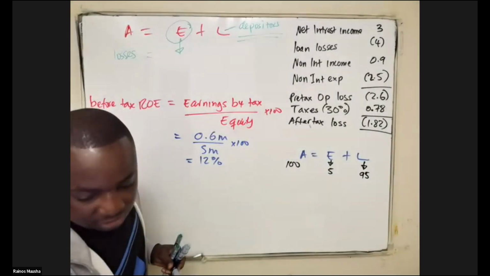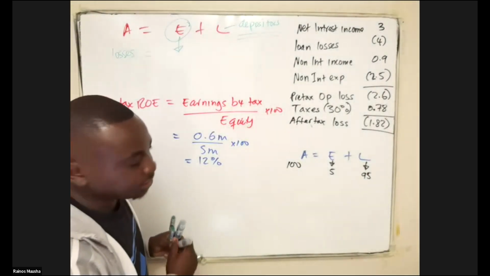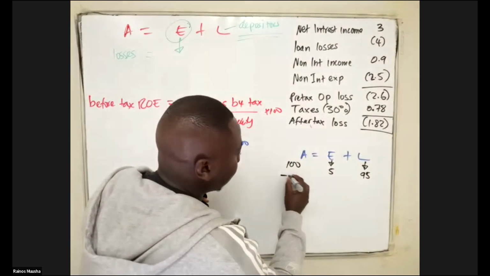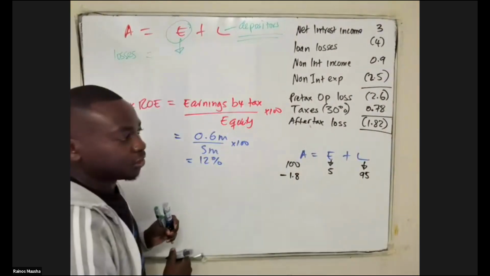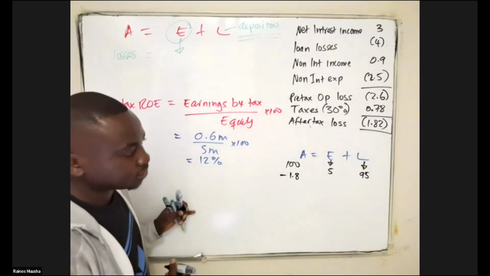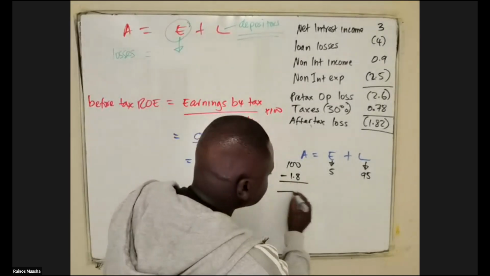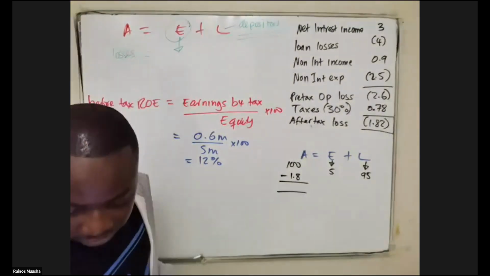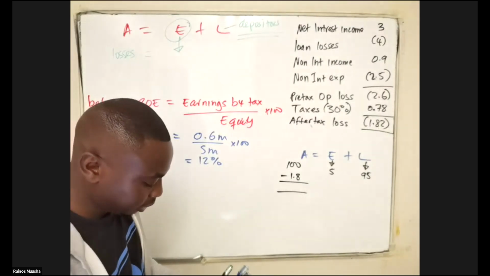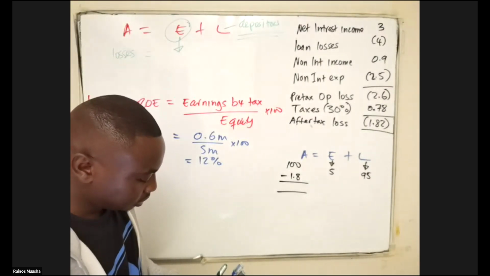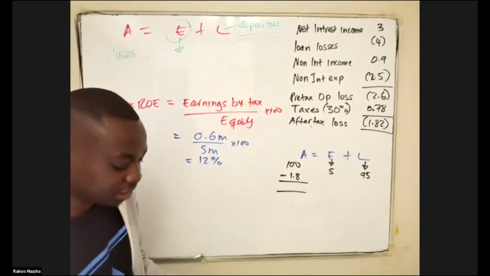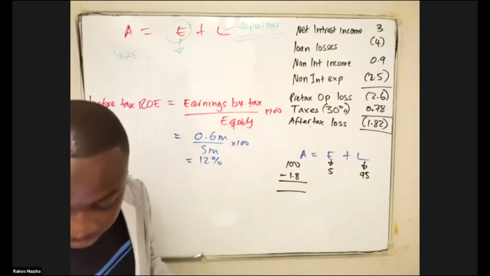So if we suffer a loss of 1.8 million, who's going to absorb the loss? Our assets now are going to be 100 million minus 1.8 million. I'm rounding the figure to 1.8, which is consistent with the textbook, because they rounded that figure as well.